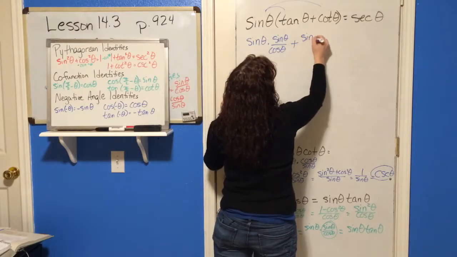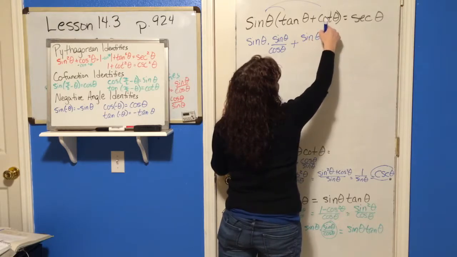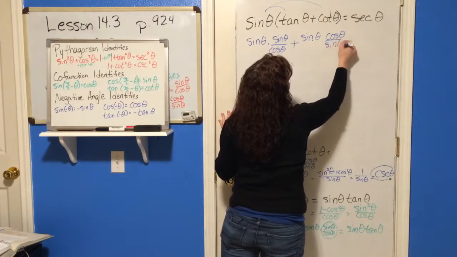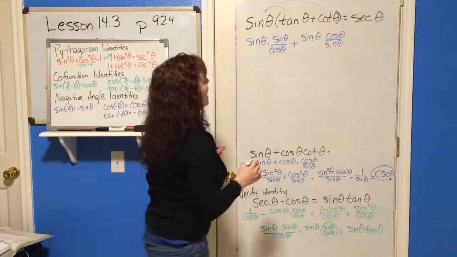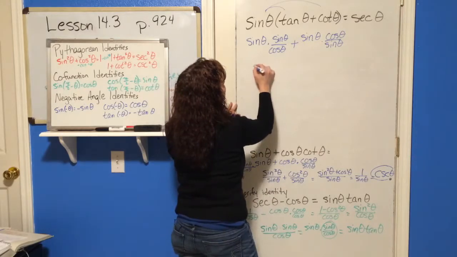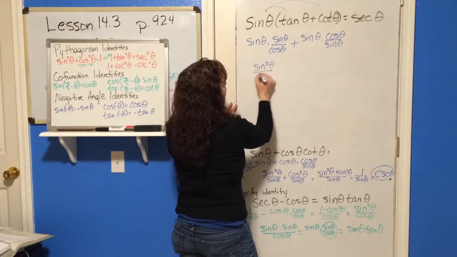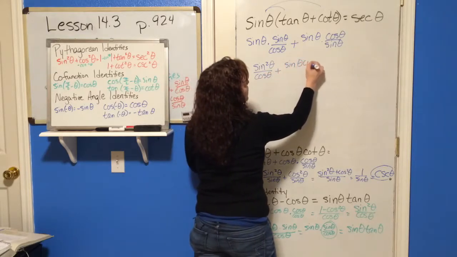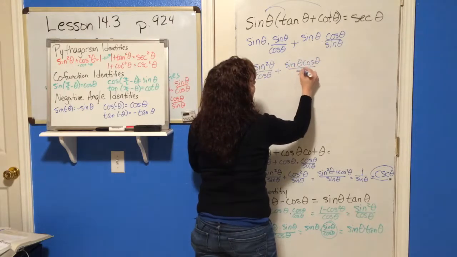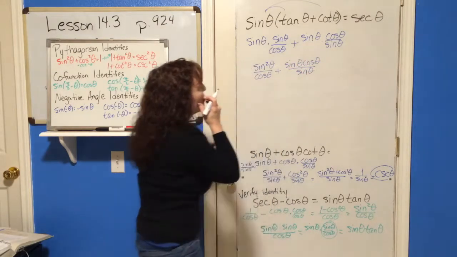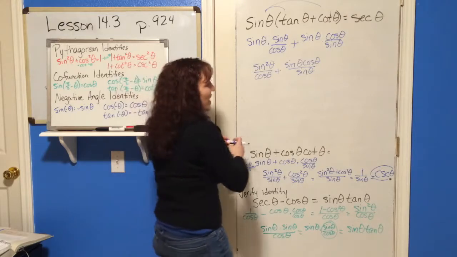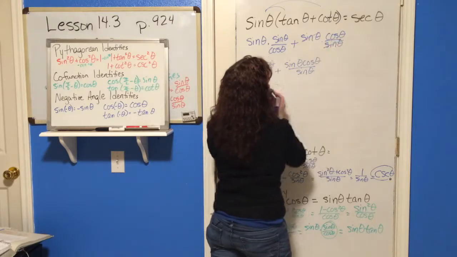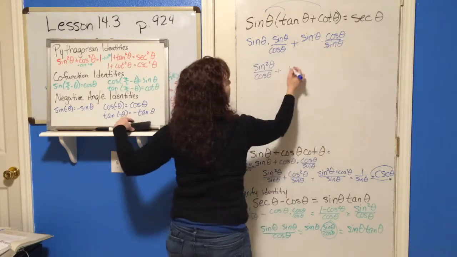Plus sine of theta times cotangent, so we're going to say cosine of theta over sine of theta. Okay, so now we've got sine squared over cosine of theta plus sine theta cosine of theta over sine of theta. But here we can reduce, and actually let's reduce in this step because sine and sine will reduce out, and so we just have cosine of theta here.